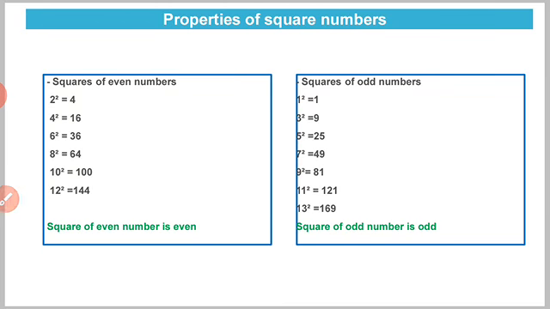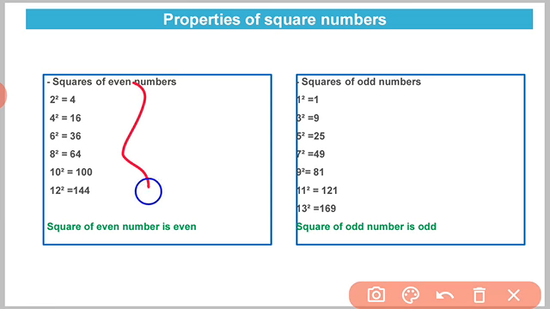Now let us take another property. Square of even numbers. Let us look at what we obtain when an even number is squared. So these are the squares of even numbers. By looking at the square numbers, we can state that square of even numbers is even.